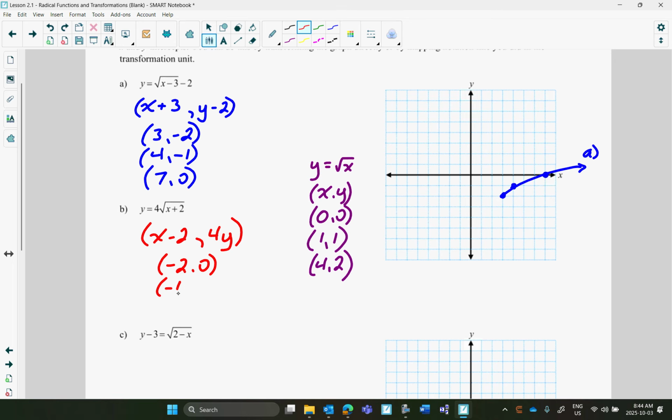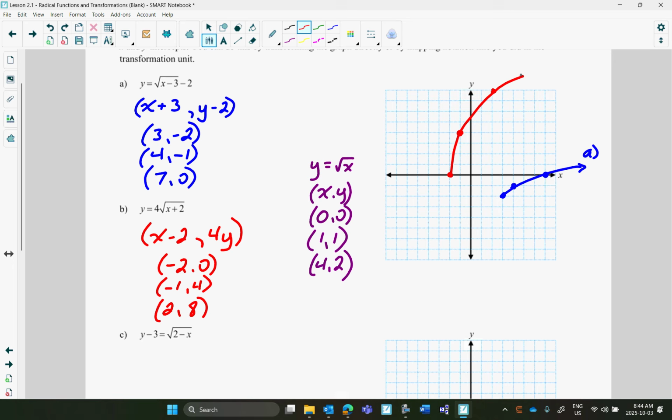And we're going to get negative 1, 4. And we're going to get 2, 8. So negative 2, 0, negative 1, 4, and 2, 8.